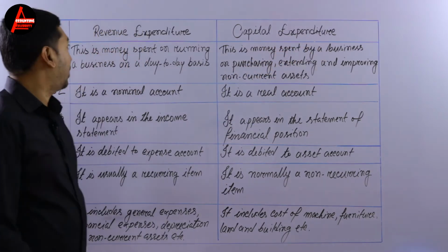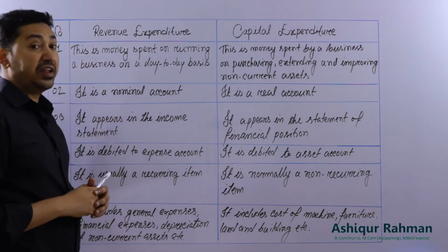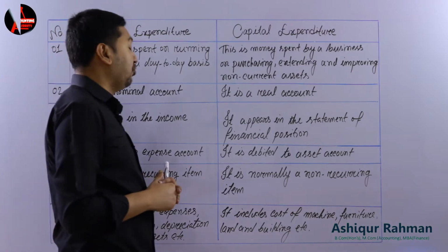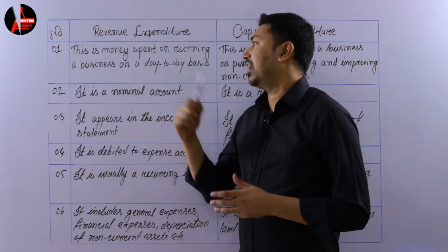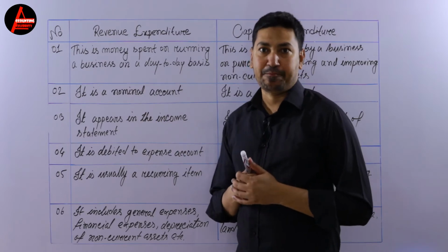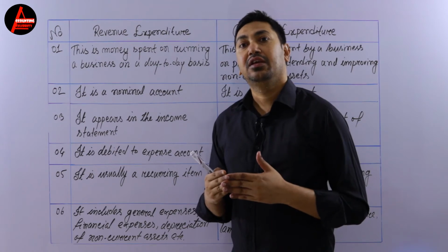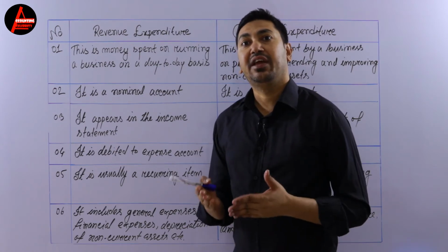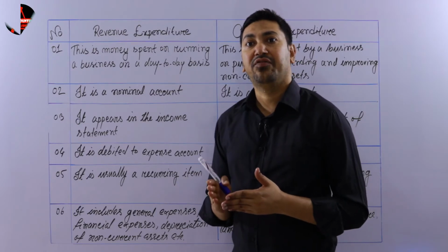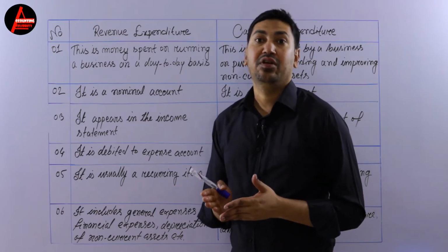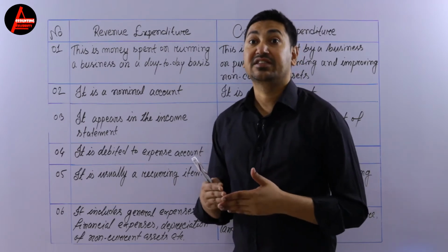So what is revenue expenditure? This is money spent on running a business on a day-to-day basis. It means when a business spends money to maintain the expenses of the business on a day-to-day basis, then it will be your revenue expenditure, like office expenses, salaries.